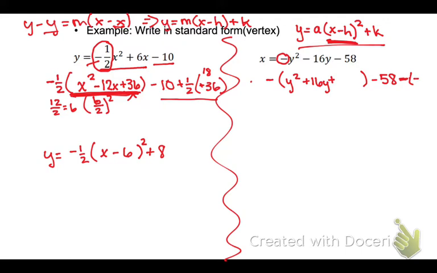Yes? Okay. So now what? B over 2 squared. So 16 over 2 squared, 64. The reason why I do this, I'll tell you in a second. So 64 in and 64 out.